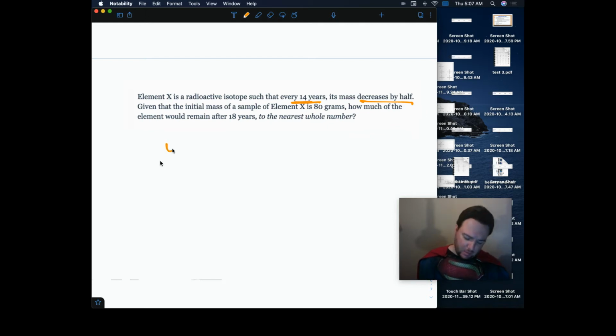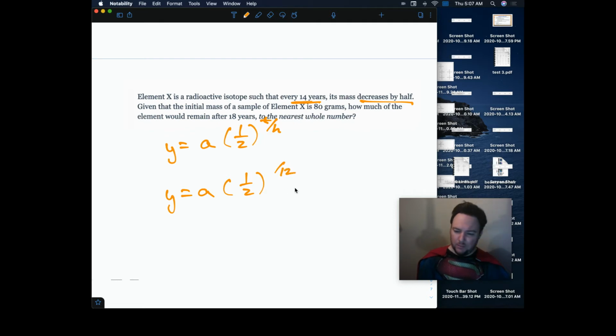So this tells me that the equation is y equals, we have some initial amount a, every 14 years it's half as much. So the way they're writing this is t over h. What I almost instinctively want to do from the get-go is put 12 here. I'm sorry, not 12, 14. I put 14.